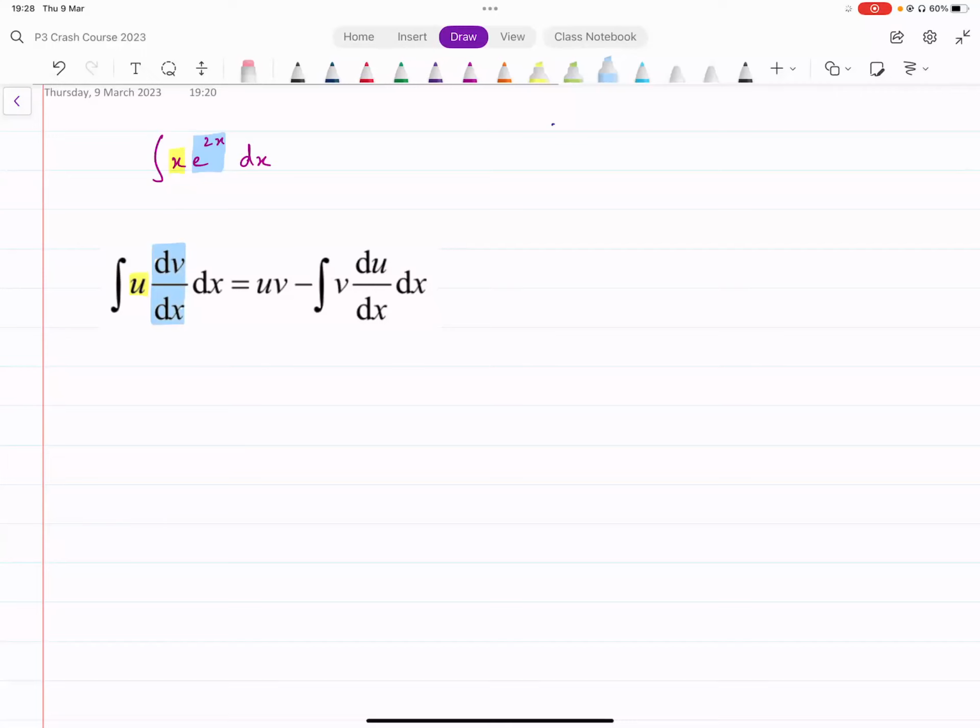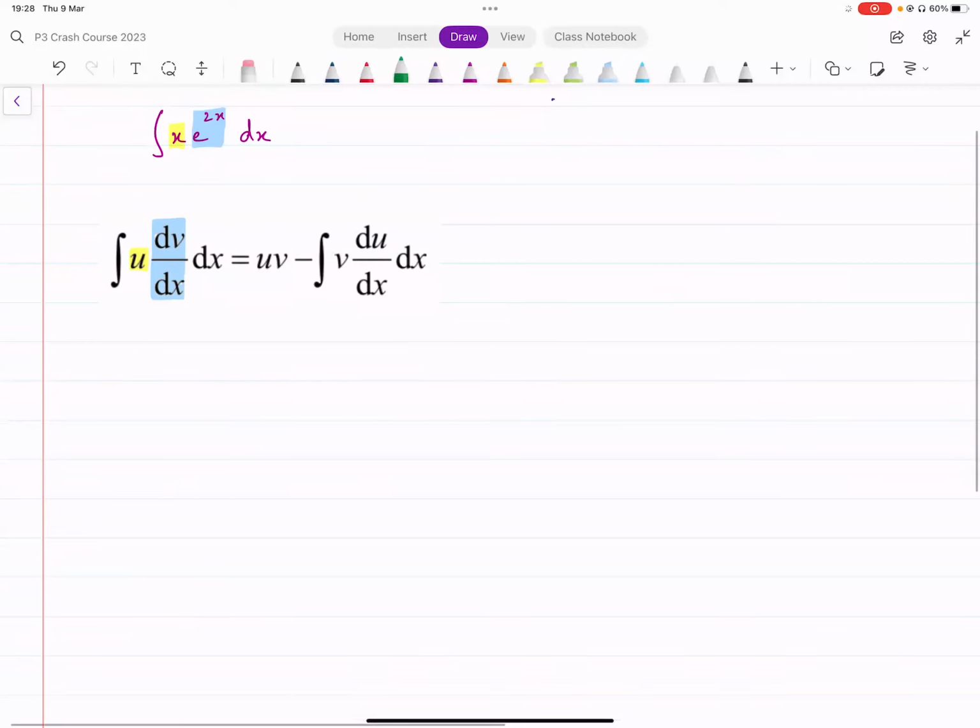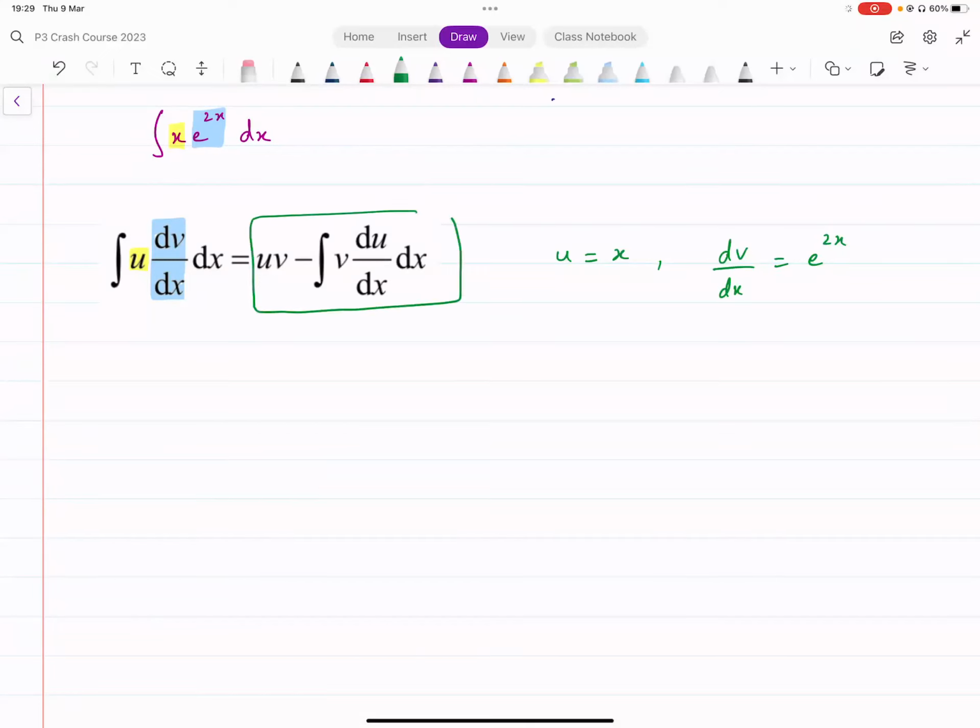Now let's say u is equal to x here. So in place of u, we've got x, and in place of dv over dx, we have e raised to power 2x. Then all we have to do is write the integral, which is going to look like this: u into v minus integral of v into du over dx.